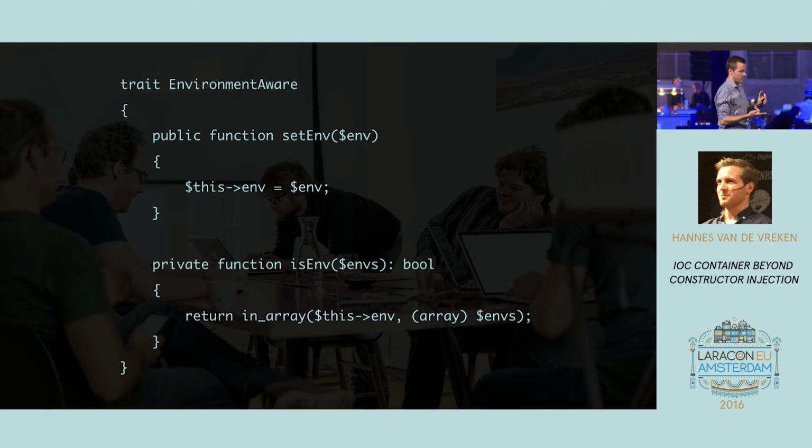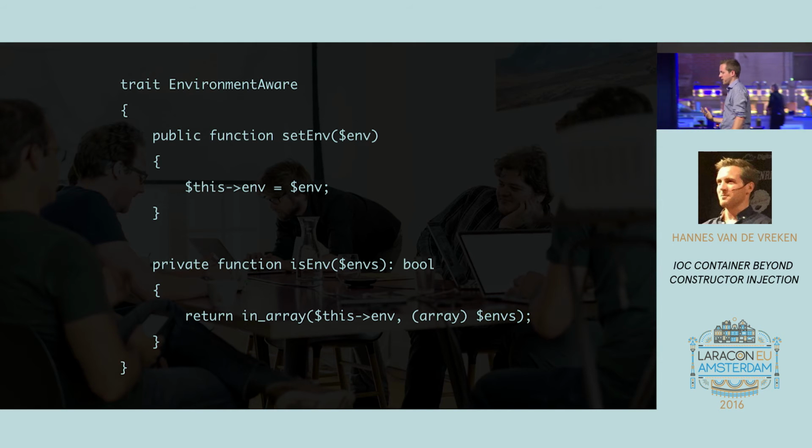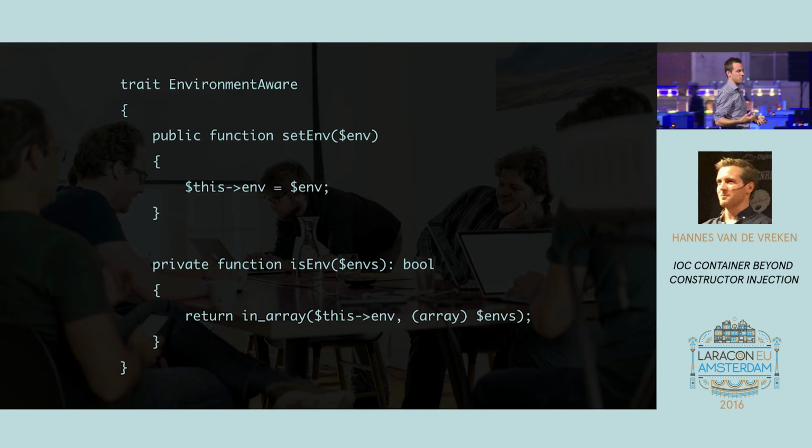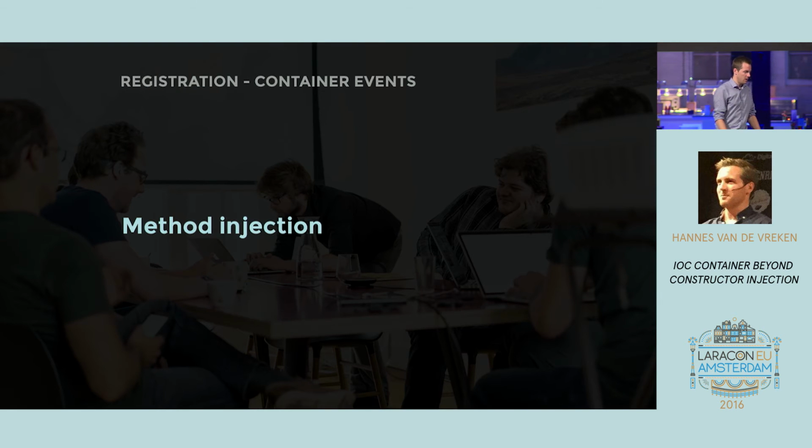So we can say implements environment-aware and uses trait environment-aware trait. So this environment-aware trait has setEnv method, but also has a protected or private isEnv method, which returns a Boolean. So you can quickly do the same thing as you do on the application. So you don't have to inject the application everywhere. You can inject what you need from the application, like the environment, into every object as you want. So that's called method injection.